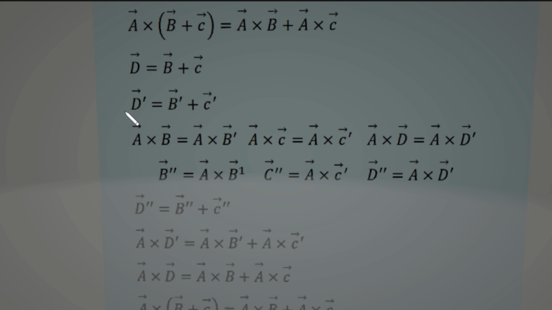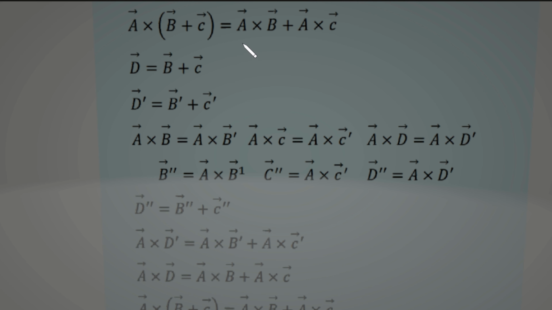And we also represent D prime bar as equivalent to B prime bar plus C prime bar, because all three vector components lie on the same plane, and these are component vectors.